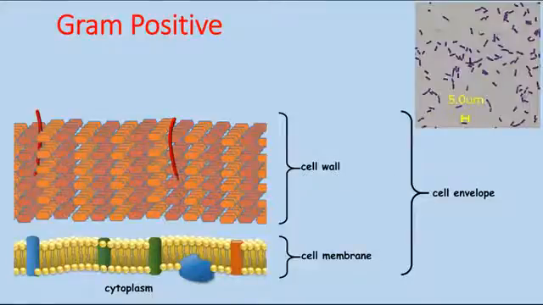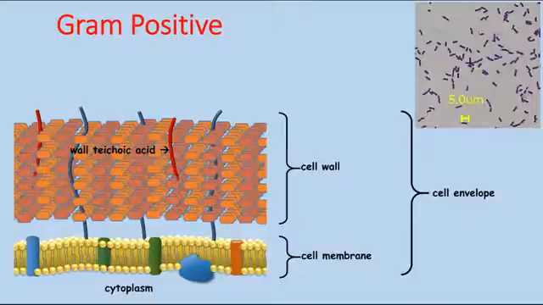Included in this thick peptidoglycan layer are the wall-teichoic acids, which are covalently linked to the peptidoglycan's NAM monosaccharide, I should say. They will also have lipoteichoic acids, which are anchored to the cell membrane by the glycolipid moiety.